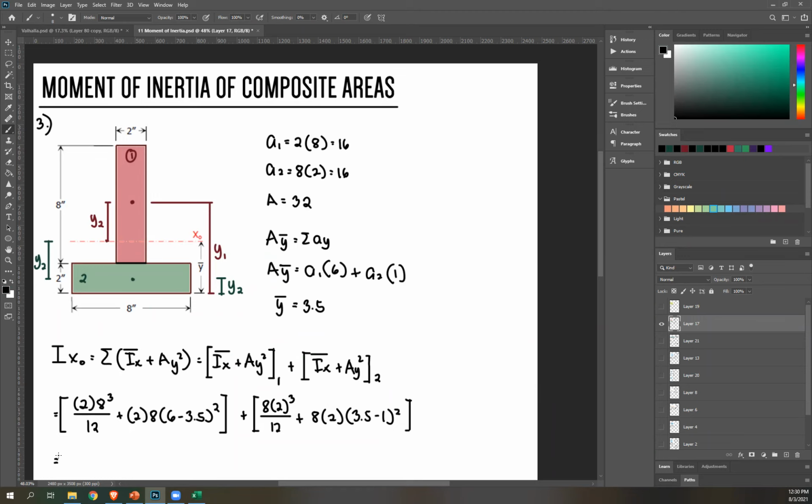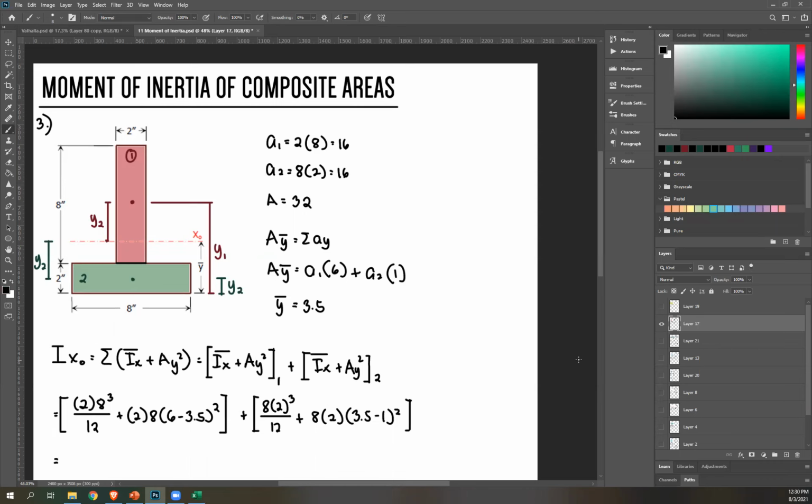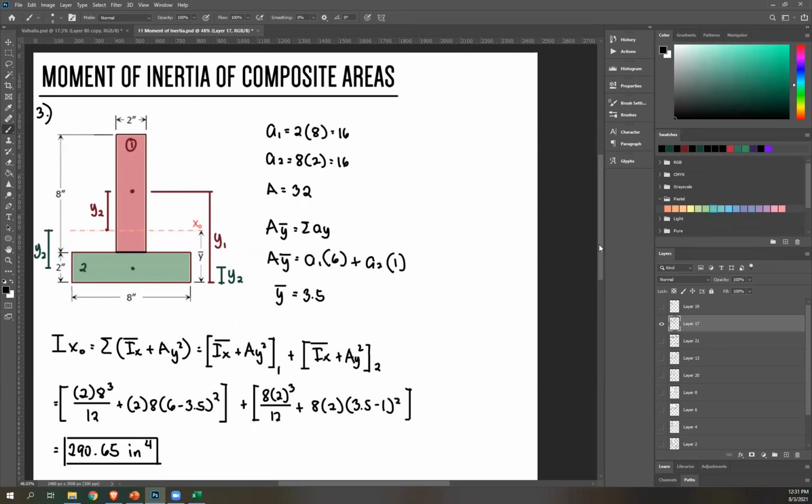Correct. Correct, Nicolas and Rafael. Buena job. It's 290.67. And then unit, inches. So inch raised to 4. And that's number 3. Any questions for number 3?